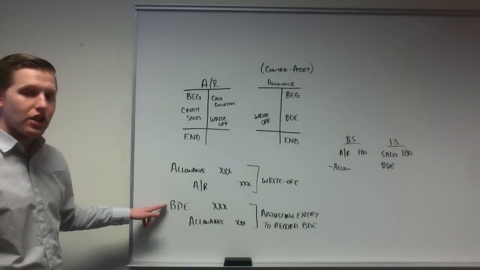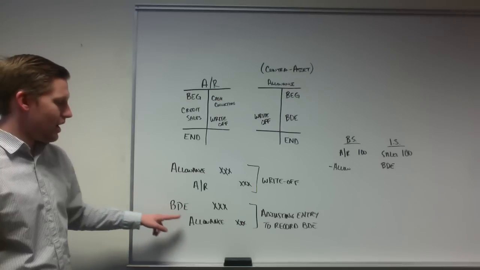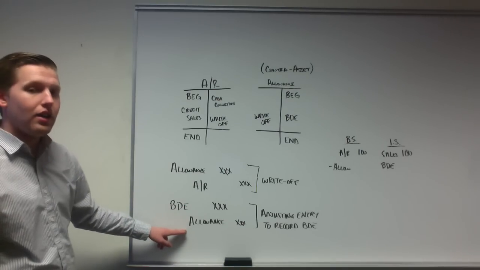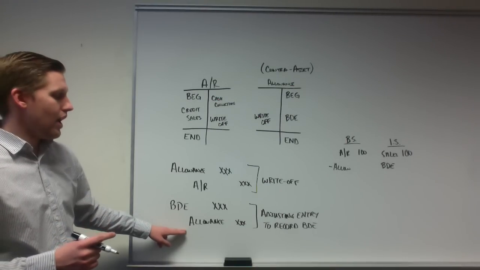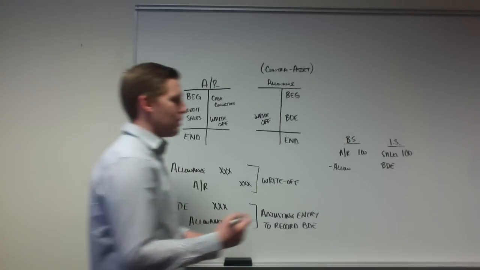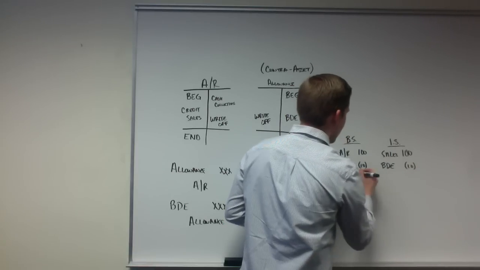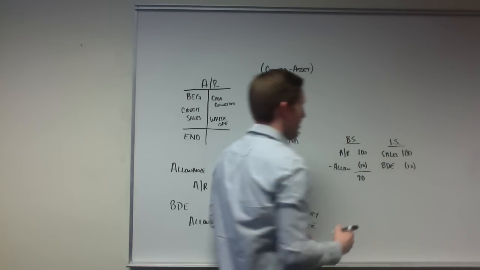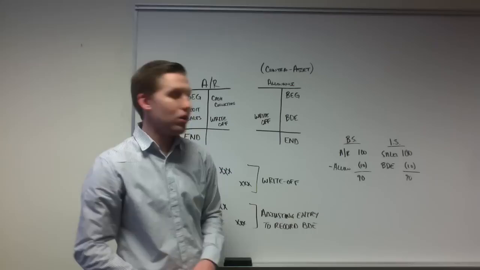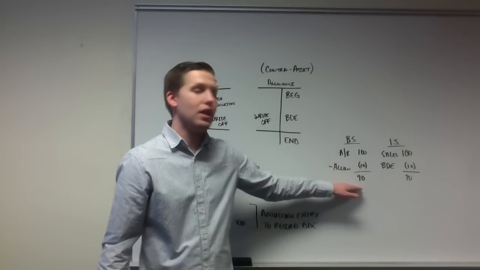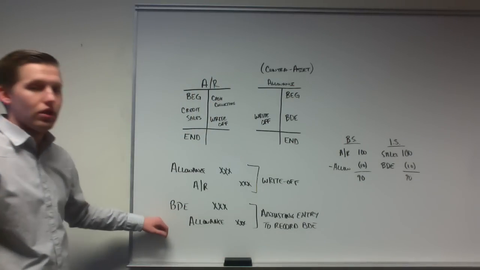I make an adjusting entry at the end of the year to show an expense, bad debt expense, to fix my income statement, and to record the contra asset, the allowance, that's going to reduce accounts receivable and correct my balance sheet. So let's just make up a number and say I do that for $10. So what I'm saying in this simplified example is, even though I've made $100 of sales, and I have $100 on accounts receivable, I really only think I'm going to collect 90. So I reflect that here. And I did that by just making one adjusting journal entry.